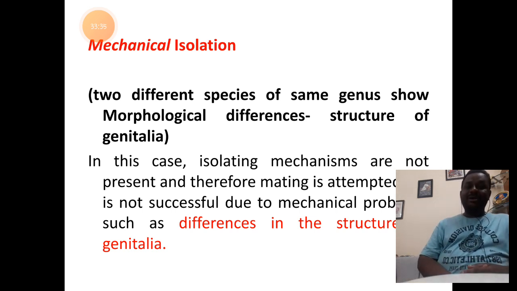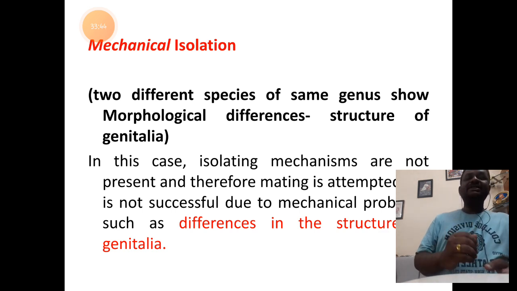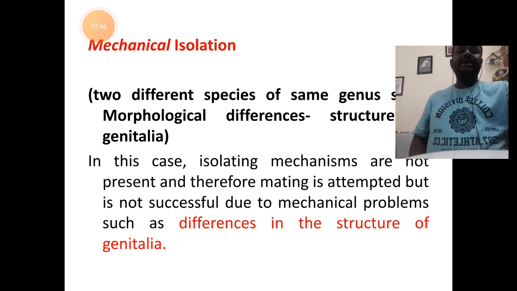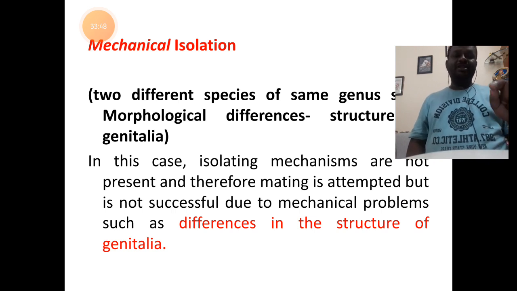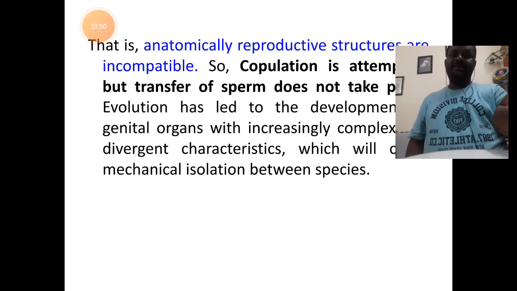What you have to remember is that these organisms show anatomical changes in their reproductive structures. So a difference in the structure of genitalia is the major reason for mechanical isolation.